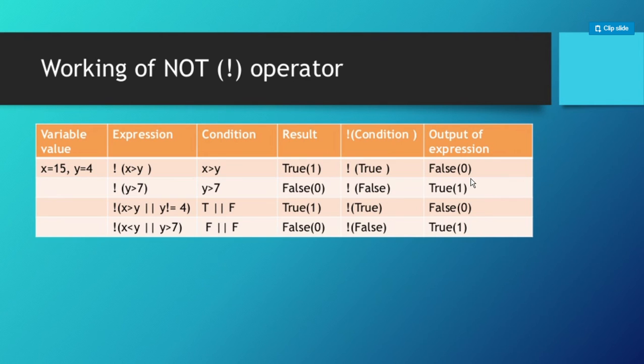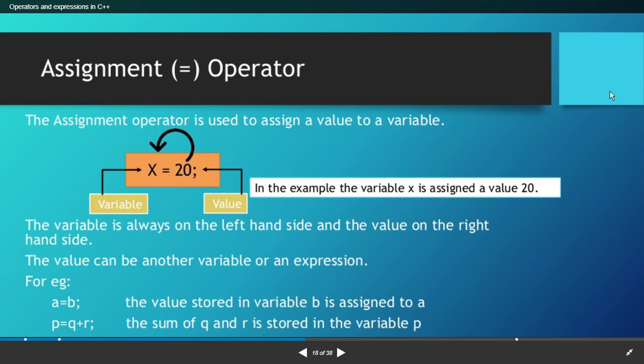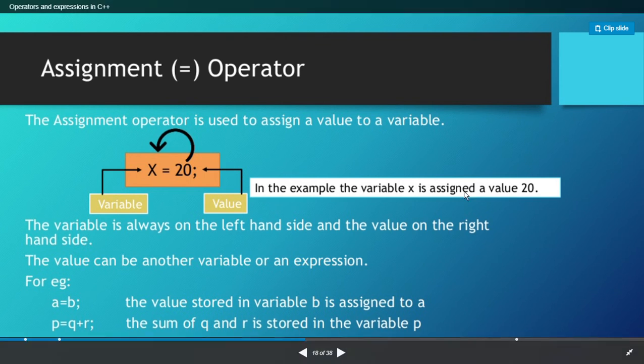Now let us continue with assignment operators. Assignment operators are the operators that are used to assign some value to a variable. In the example, x is assigned 20, which means the value of x is now 20.